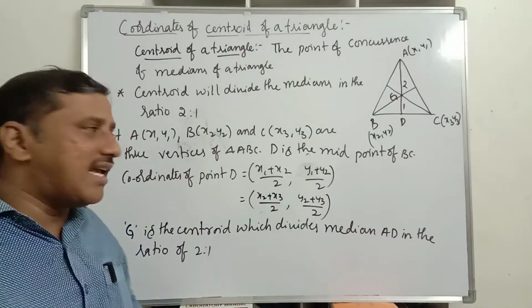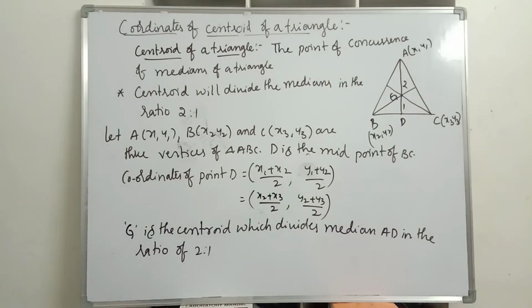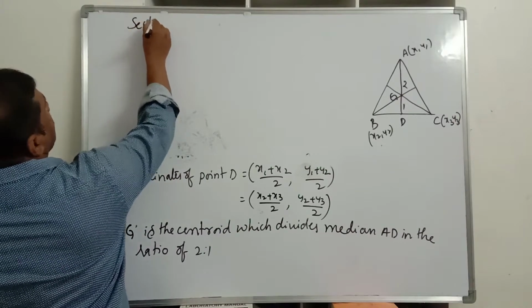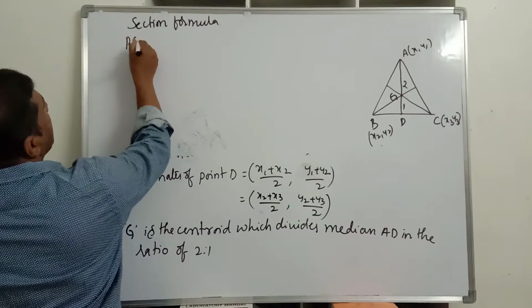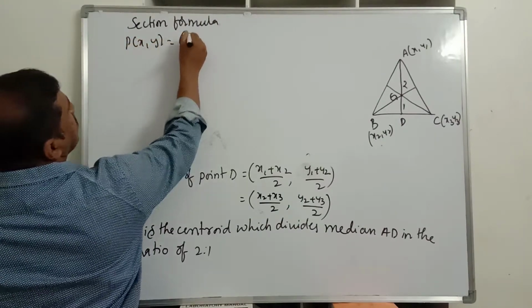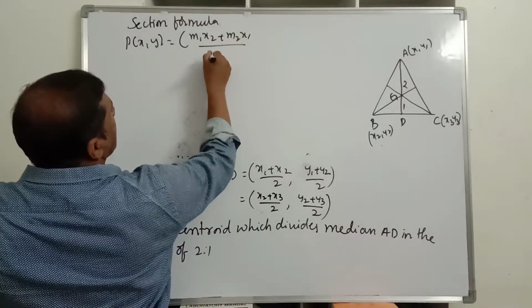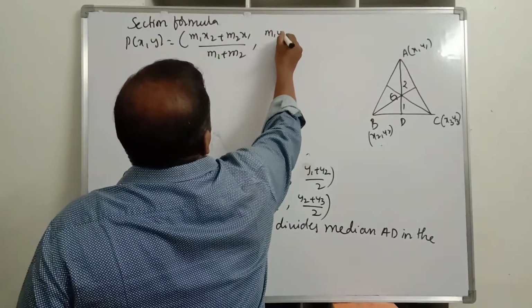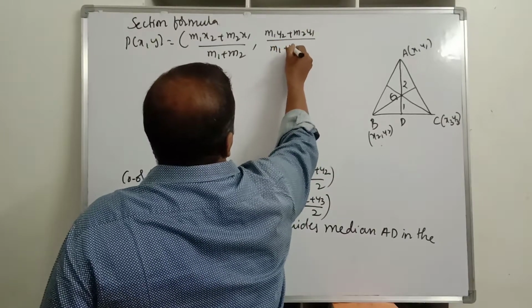So what formula are we using here? Midpoint formula and section formula also. Now by applying the section formula, it says P(x, y) is equal to m1 x2 plus m2 x1 divided by m1 plus m2 comma m1 y2 plus m2 y1 divided by m1 plus m2.